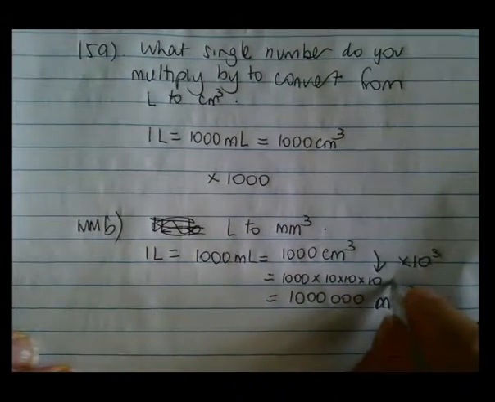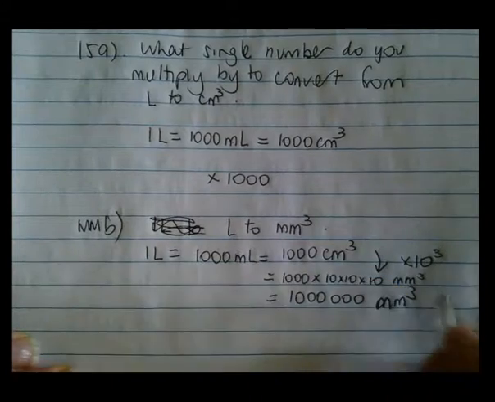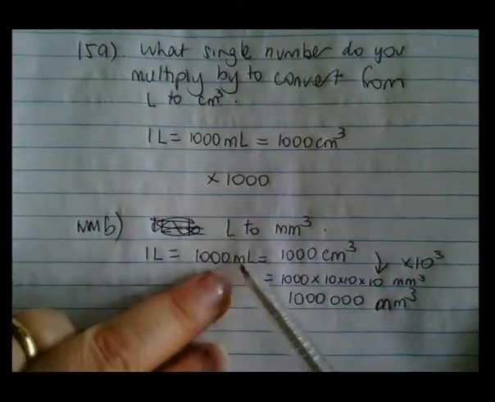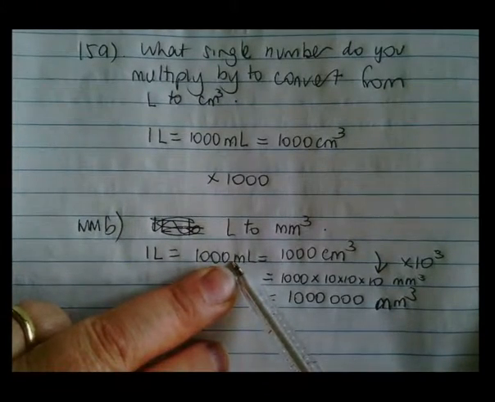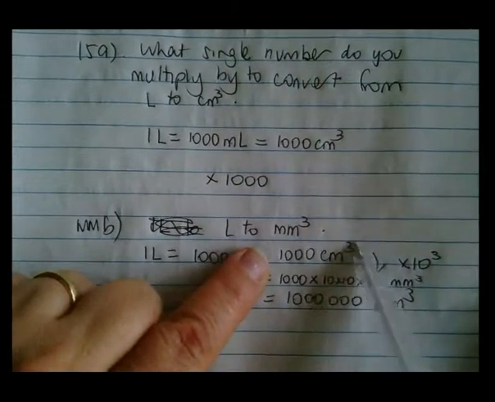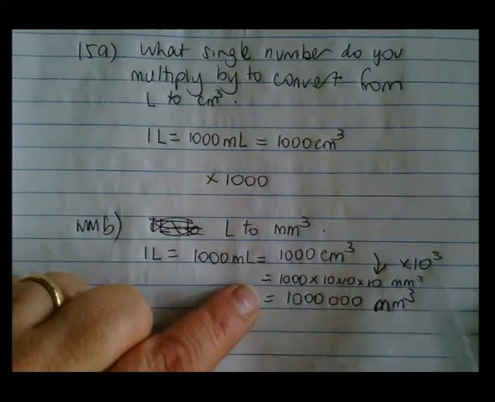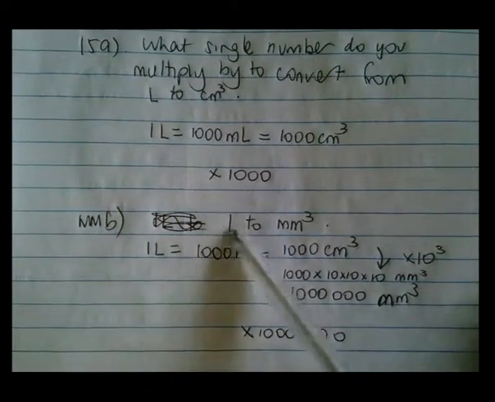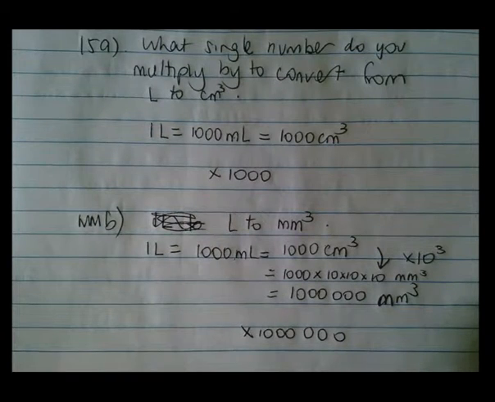Because when we go from centimeters cubed to millimeters cubed, you've got to times it by 10 3 times. Got it? All right, so notice I had liters. I went to mils first because then I know that conversion. And then once I get to volume units and go to centimeters cubed to millimeters cubed, I've got to do the conversion 3 times for volume. Therefore, to go from liters to millimeters cubed, you're multiplying by 1,000,000.